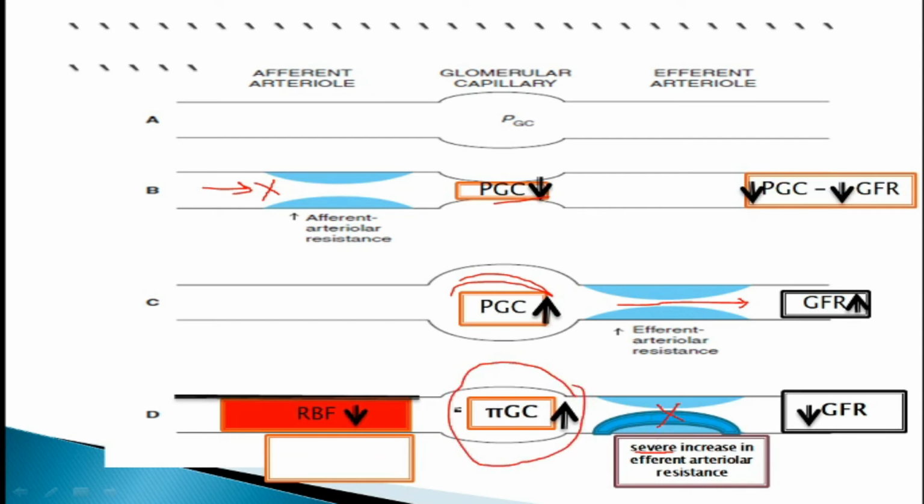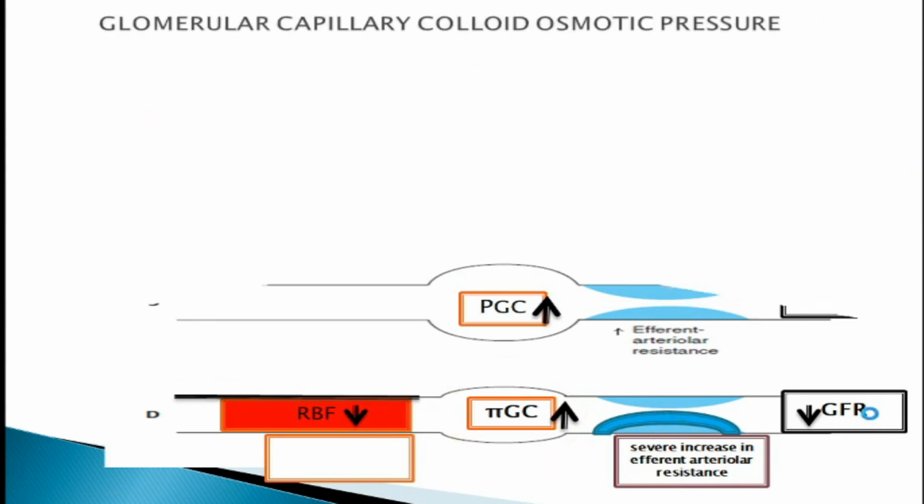With the back pressure effect, renal blood flow will ultimately decrease because no fresh blood can come from this side, and this fluid keeps on collecting here, leading to increase in the glomerular capillary colloid pressure, and with the increase in this glomerular colloid pressure, GFR will ultimately decrease. So these are very important things to remember, and a must to remember, I must say.